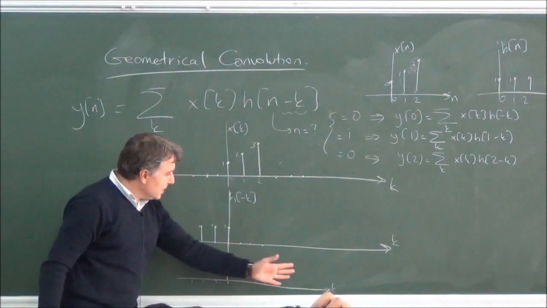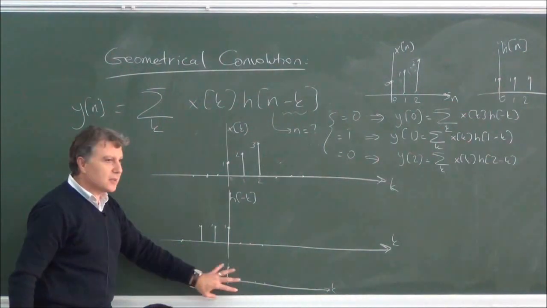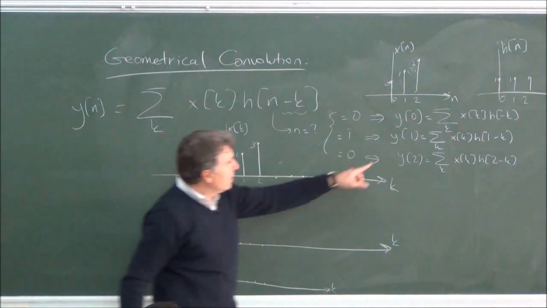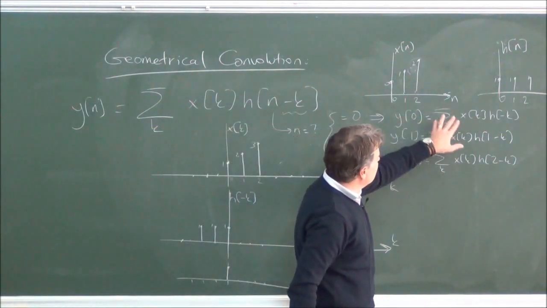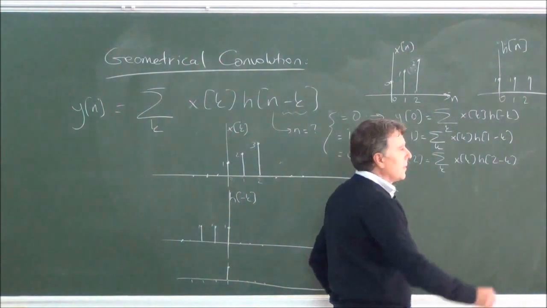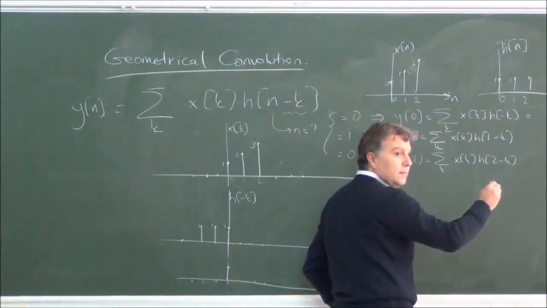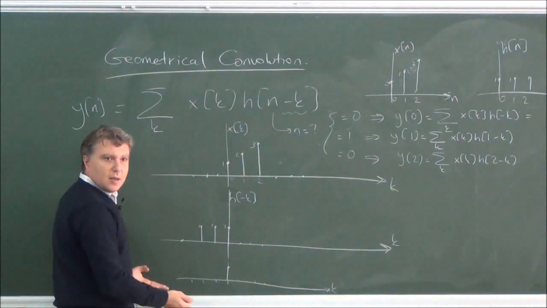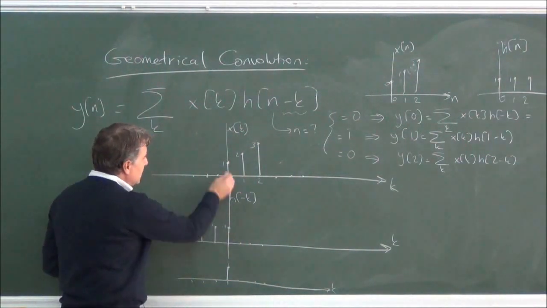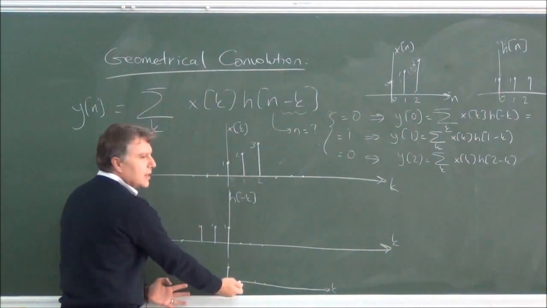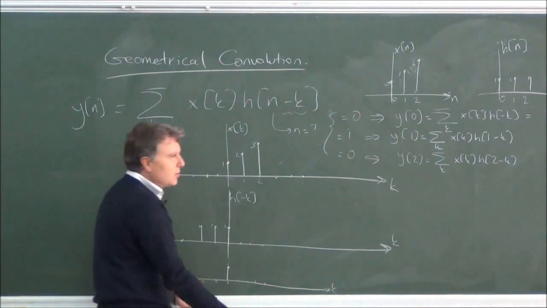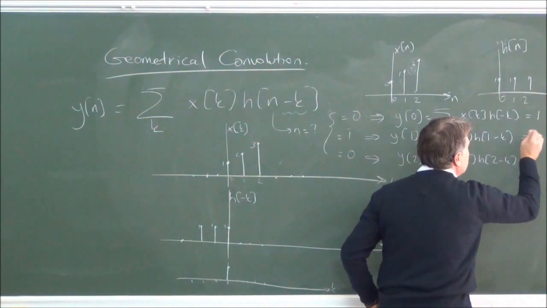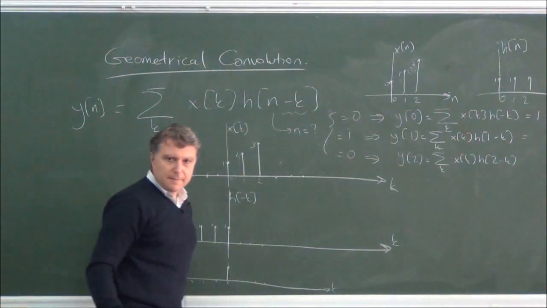It is the integral, the area, or the sum of this multiplication signal for all k's, k from minus infinity to infinity. What is the sum of this? 1. This is 1, this is 1, they are multiplied, no other things are multiplied, they all provide you 0. So the summation is 1. Do you agree? All right.